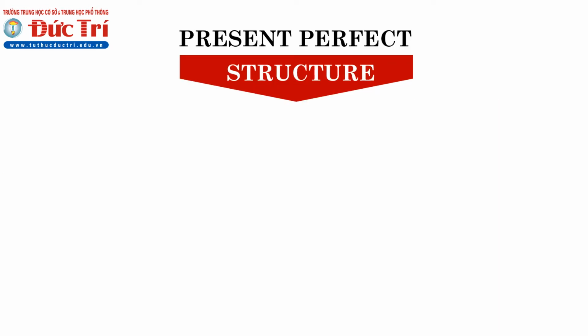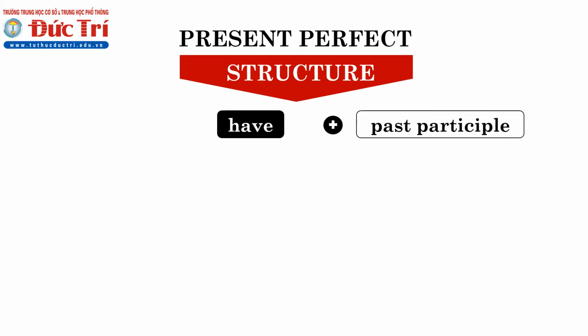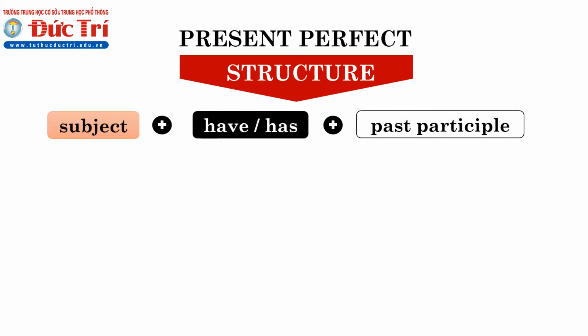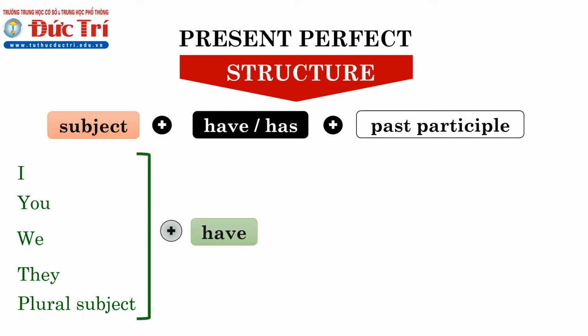How to form the positive statement in present perfect? You use the auxiliary verb have with the past participle. And the auxiliary verb have, you change its form based on the subject. For example, I, you, we, they, or any plural subject, we use have.